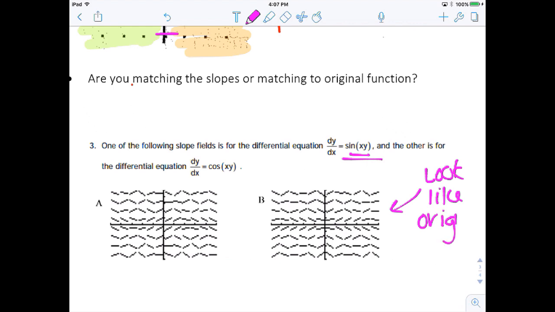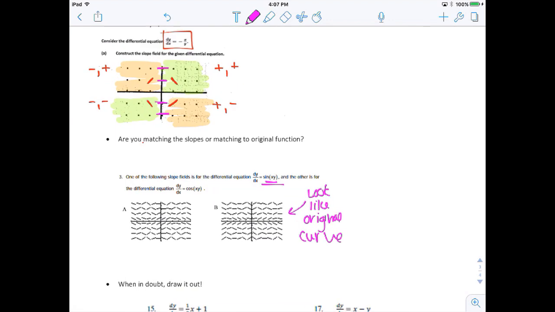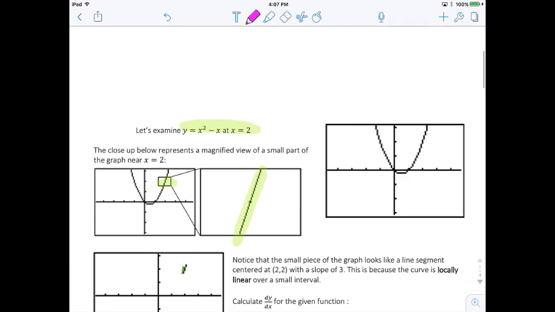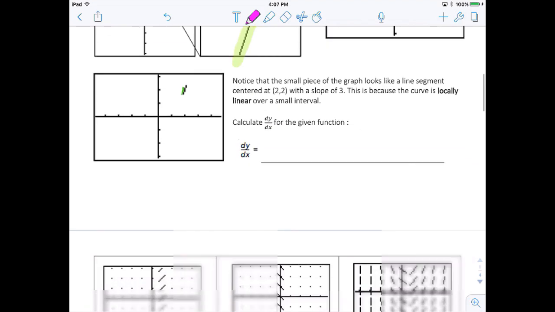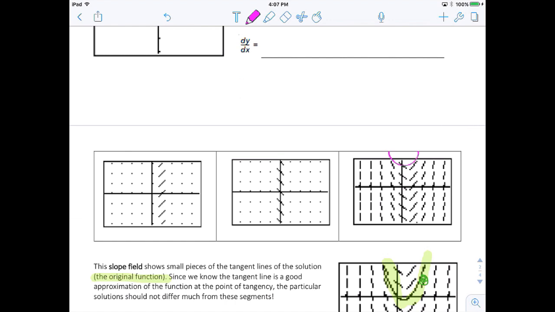And the helpful part of this is that if something was not separable, you could figure out what the original curve looked like without actually trying to solve for y. So remember when we started back at the beginning of this live stream, we said let's look at the original function. The slope field is going to give me what that family of original functions would have looked like, right?